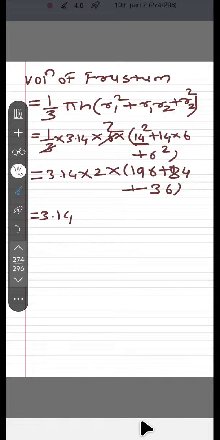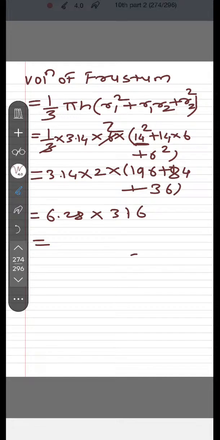So 3.14 into 2 is equal to 6.28, into in a bracket 316. Now simply do the multiplication of this.